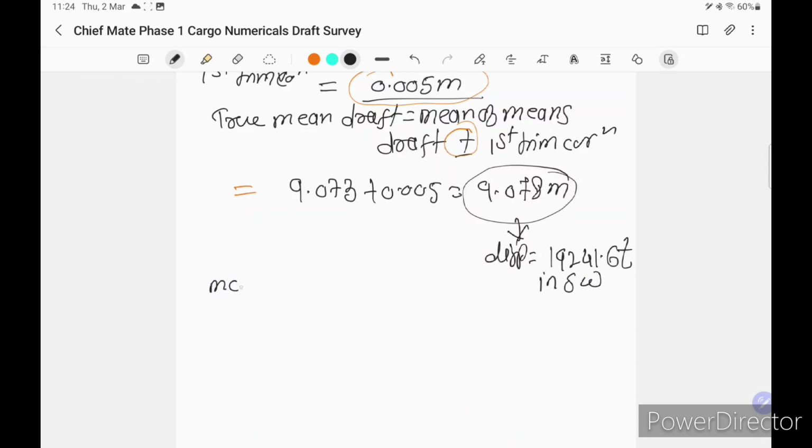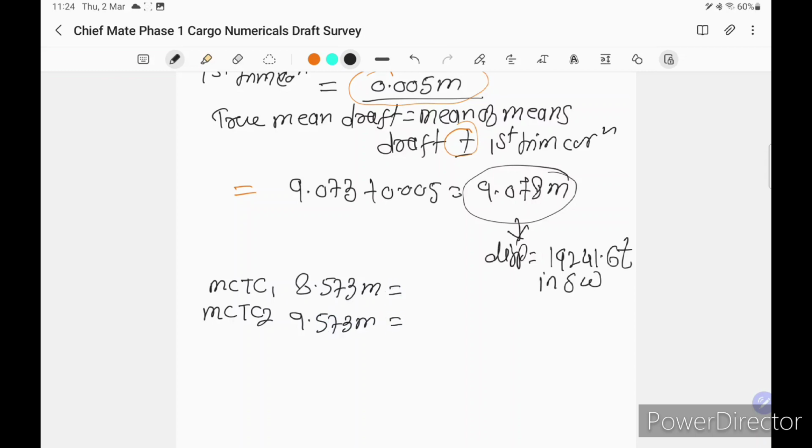Now we'll calculate MCTC1, MCTC2. So for MCTC1, the mean draft is 9.073 minus 0.5, so 8.573 meters. And for MCTC2, 9.073 plus 0.5, so 9.573.